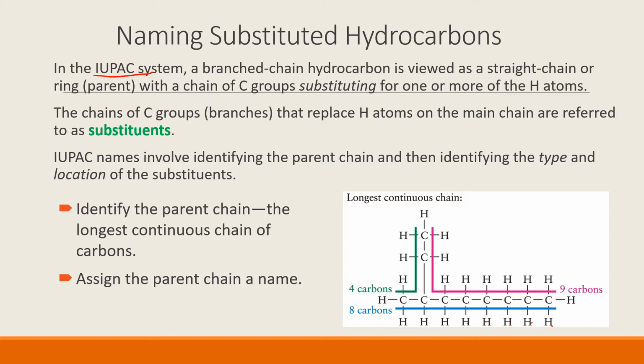Earlier, we applied these rules to name straight chain alkanes, alkenes, as well as alkynes. Along with that, we also learned how to name unbranched cycloalkanes and cycloalkenes. In this section, we will learn about the IUPAC rules for naming substituted hydrocarbons, also known as branched hydrocarbons.